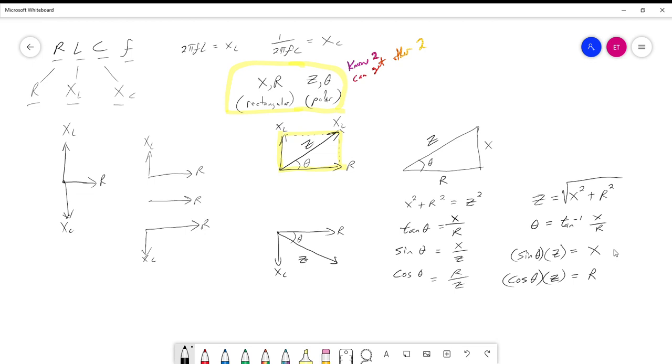Okay. So I hope you can see that it all comes just from right triangle stuff. It's not too crazy if you keep it sort of in that organization, right? This all is just a simple right triangle.